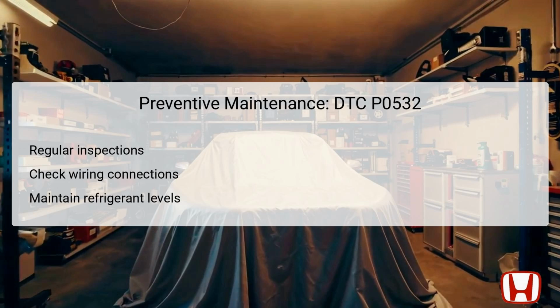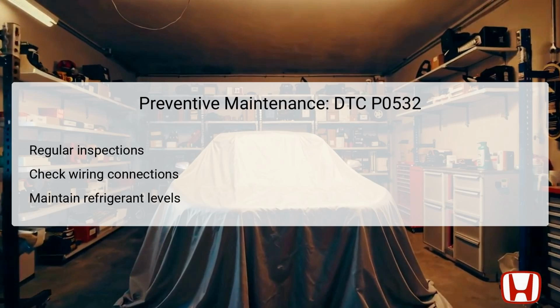Preventive maintenance plays a crucial role in sidestepping future issues related to DTC P0532 and overall AC system performance. Regular inspections of the AC system components are essential. This includes checking for any visible signs of wear or damage, as well as ensuring that all electrical connections are secure and tight.